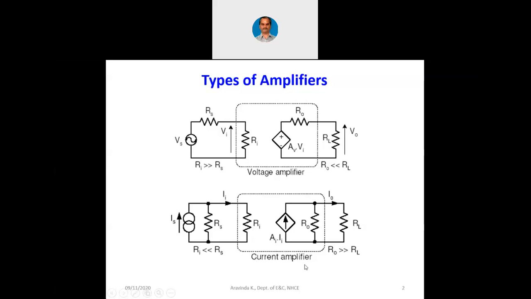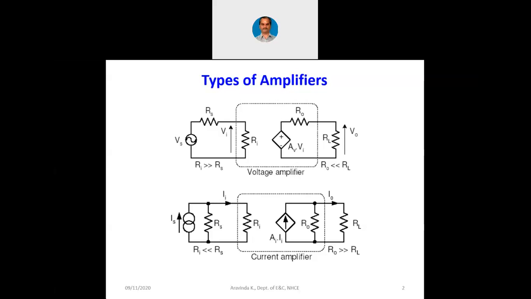Now the second type is called current amplifier, where current itself is the input and current itself is the output. In electronics, we will have many applications where sometimes we want the voltage to be boosted and sometimes we want the current to be boosted.